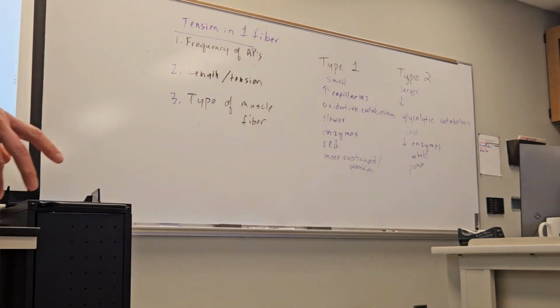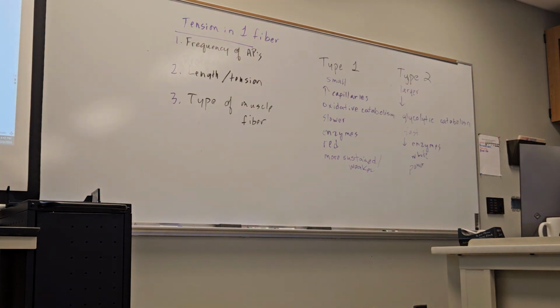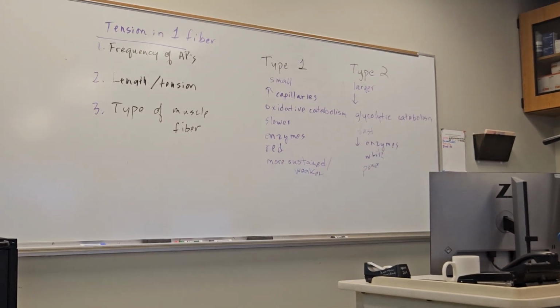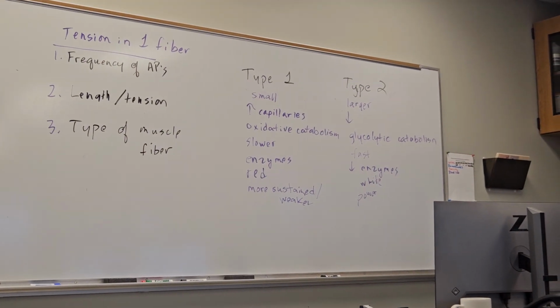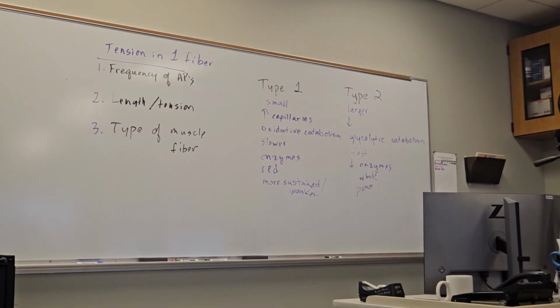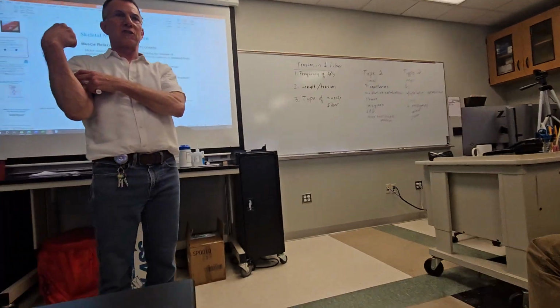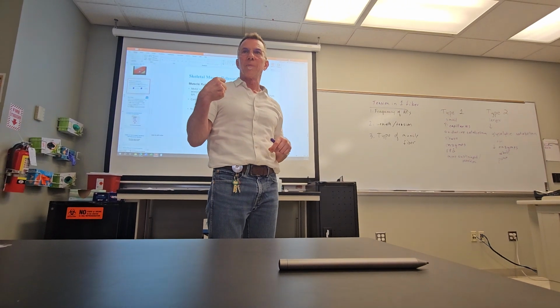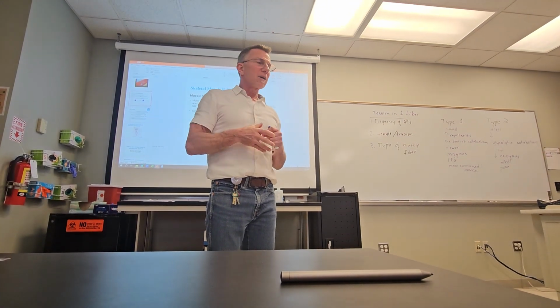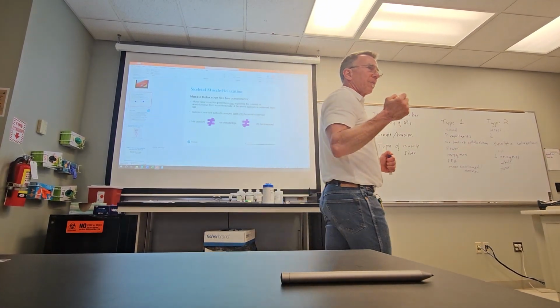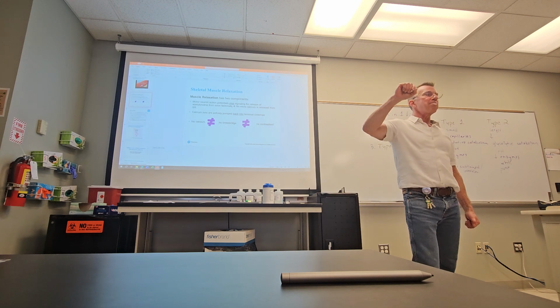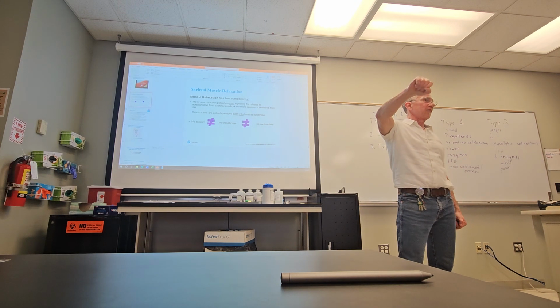Okay, does that ring a bell on type 1 and type 2 muscle fibers? So those are all the different ways that we can alter tension in a single muscle fiber. Now, we started talking about ways that we could alter tension in an entire muscle, not just a fiber, but the whole muscle. And that comes down to what? What is a motor unit?